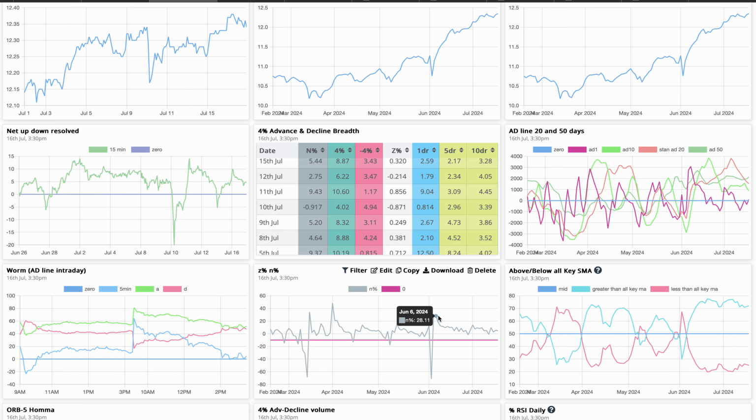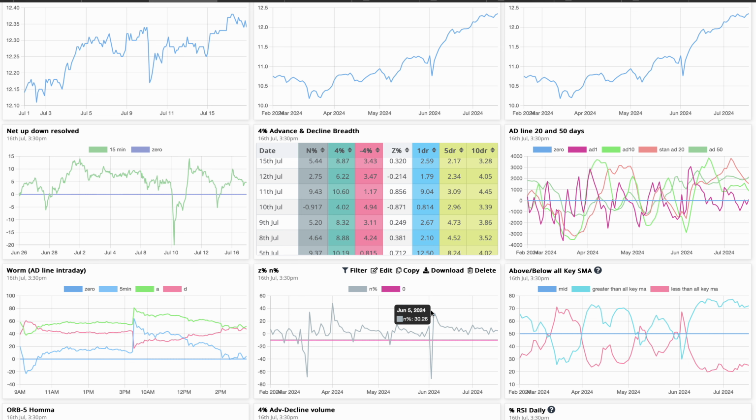So after that, the net 4% breadth is still positive, and we had one low here. We had one low on June 10th, and in my opinion, as long as this stays above 0, the bullish regime will continue.